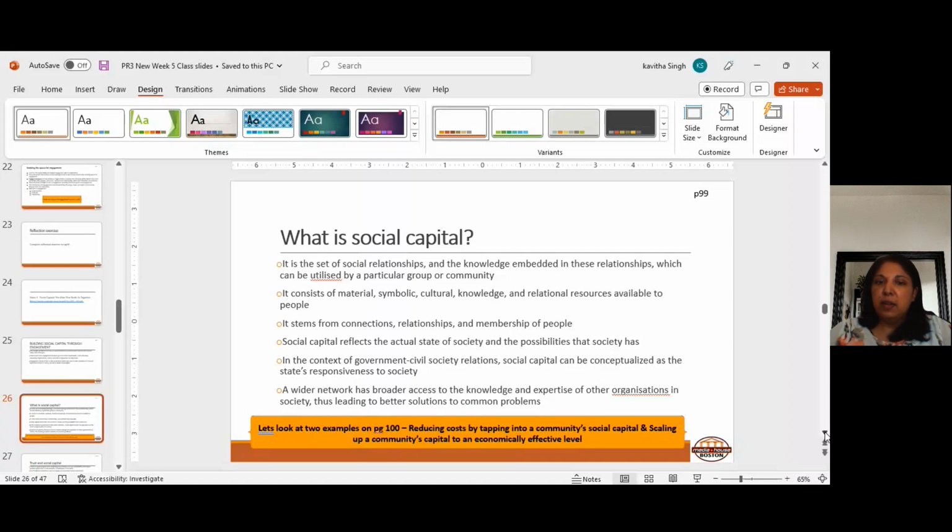It consists of material, symbolic, cultural knowledge, and relational resources available to people. It stems from connections, relationships, and memberships of people.